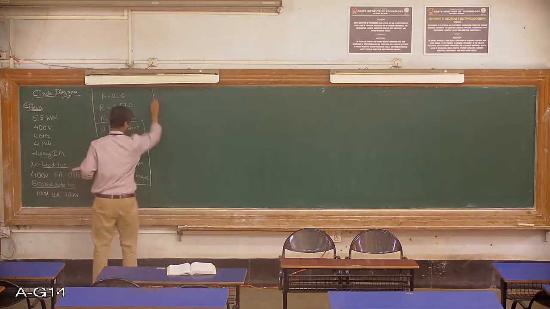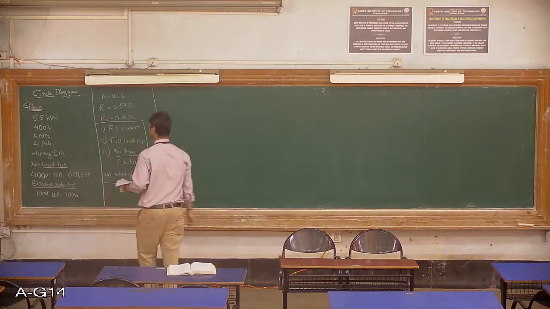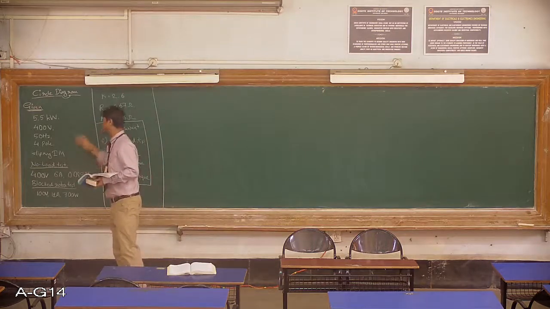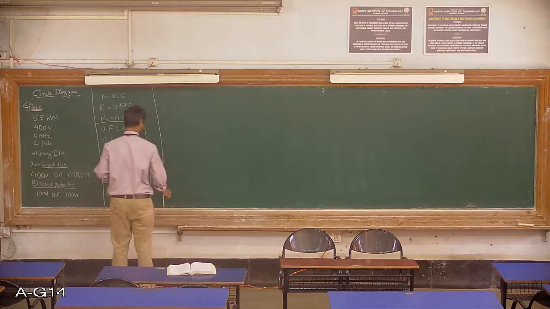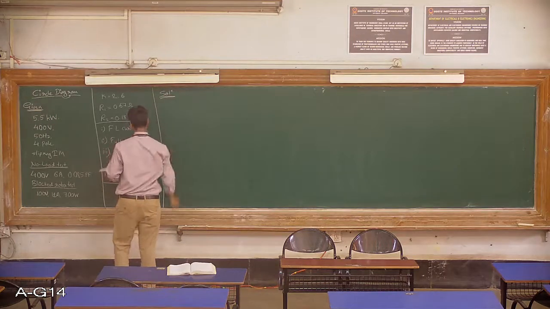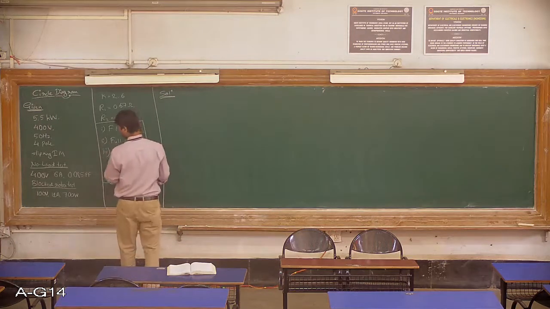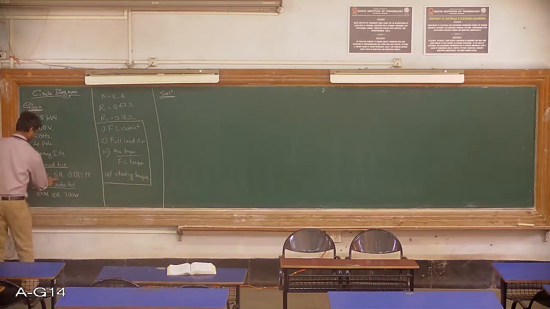Now they have given us the no load test results and blocked rotor test, and they have also given the rating of the induction motor. Solution. Here they have given V naught, I naught, and cos phi naught.